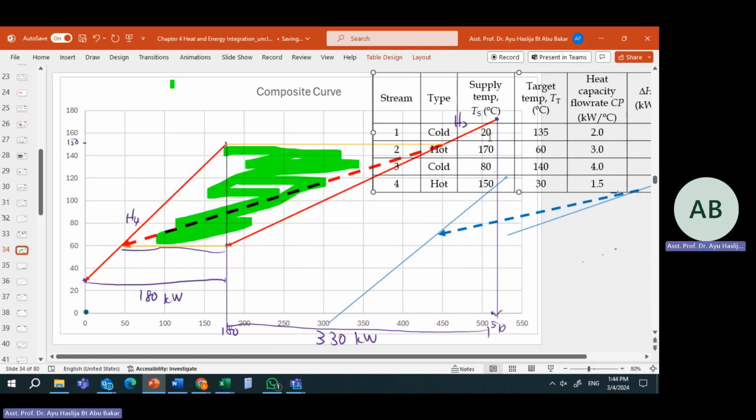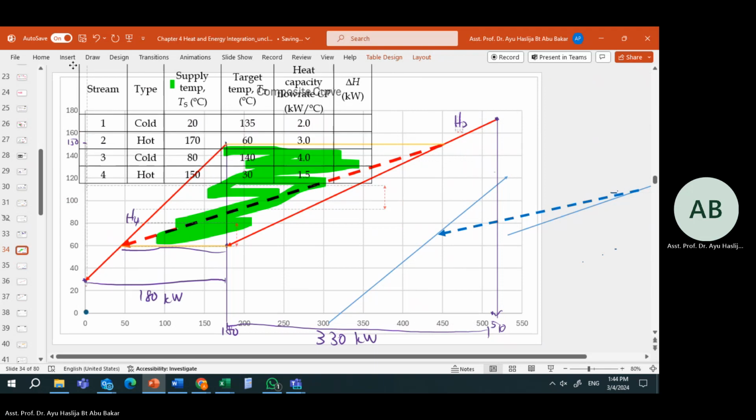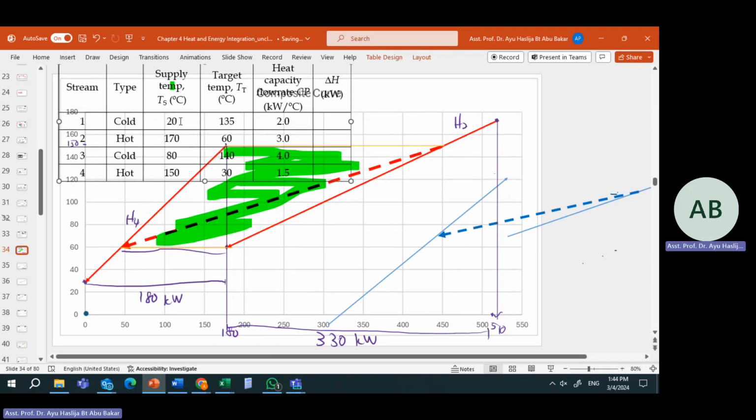We start with stream 1. Now, for stream 1, what is the x-axis for TS? Over here, stream 1. X-axis for TS. 0, correct. Start from 0.